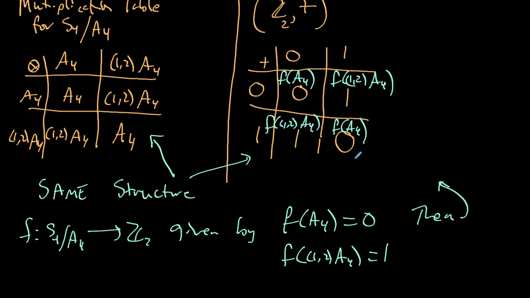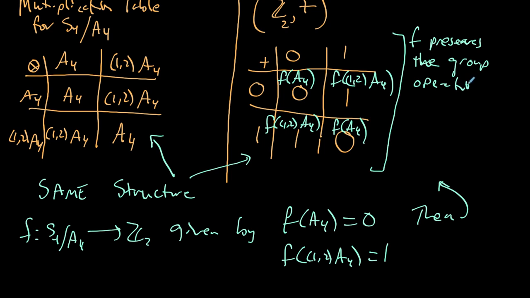Well, since they have the same structure, and this particular function is clearly one-to-one and onto, and this stuff here says f preserves the group operation, what we know is that S4 divided by A4 is indeed isomorphic to Z2 under plus.